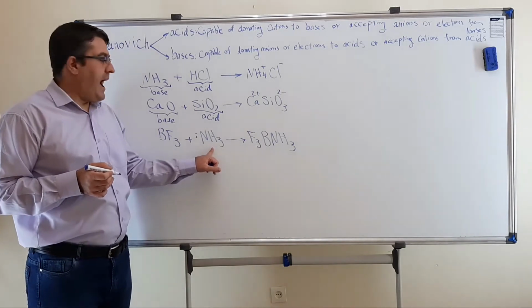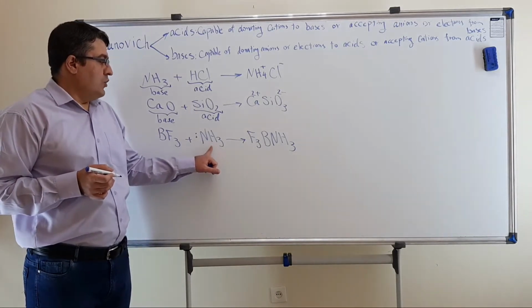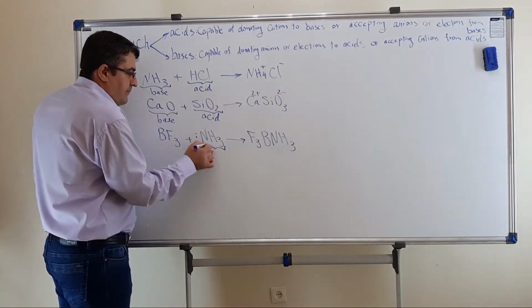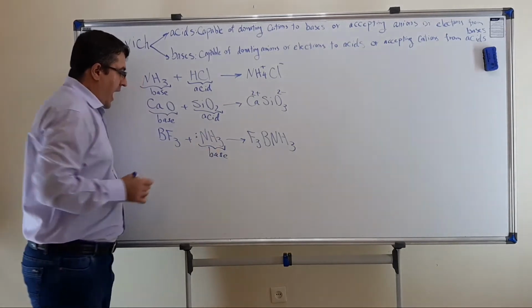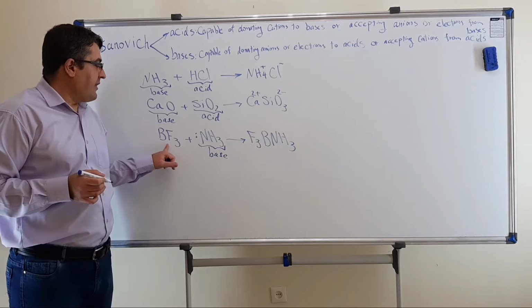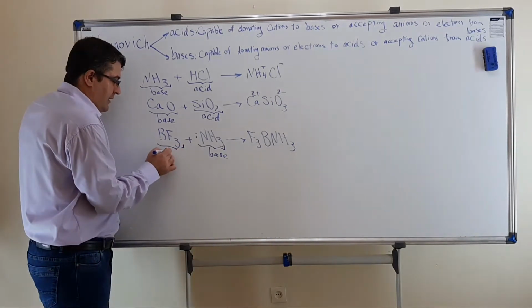NH3, acting as an electron donor, can be considered as a Usanovich base, and BF3, acting as an electron acceptor, can be considered as a Usanovich acid.